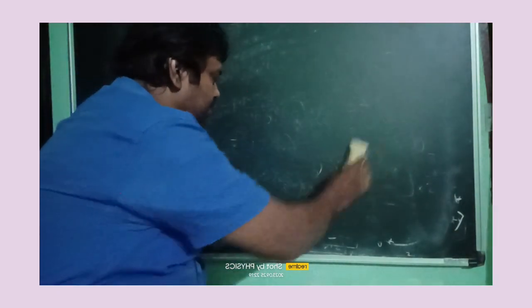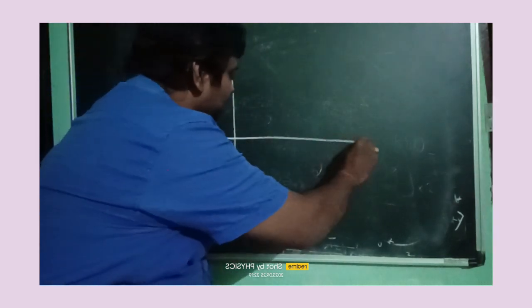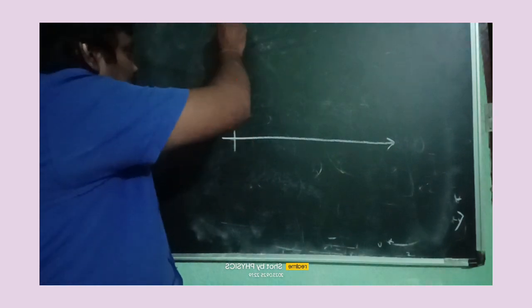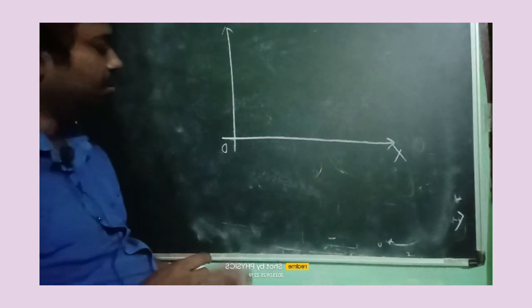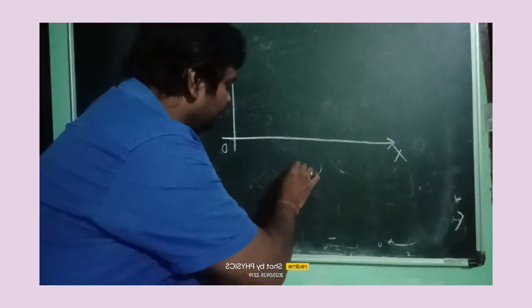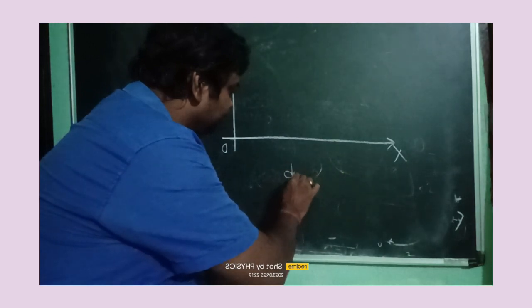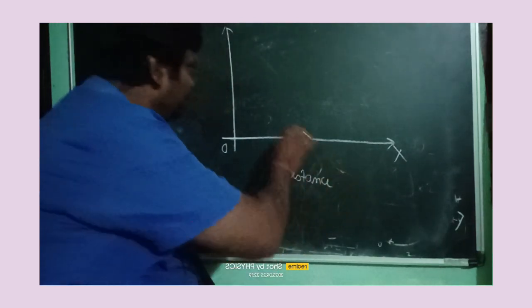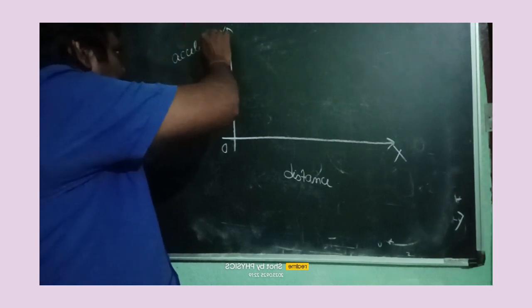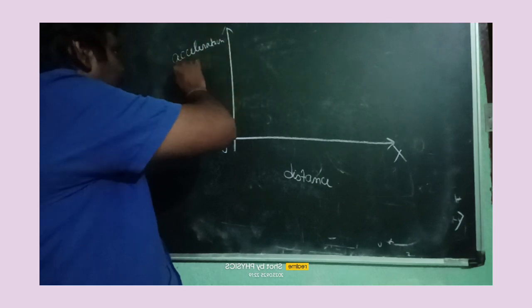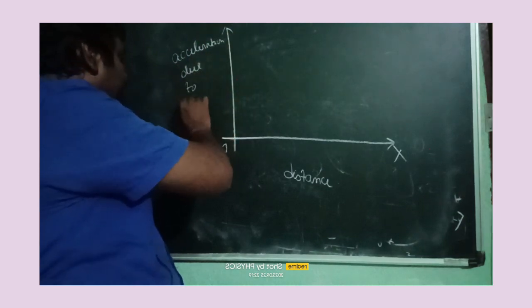Now let us represent the variation of the acceleration due to gravity due to altitude and depth by the graphical method. Let us consider the distance along the OX axis, and along the y-axis is the acceleration due to gravity.